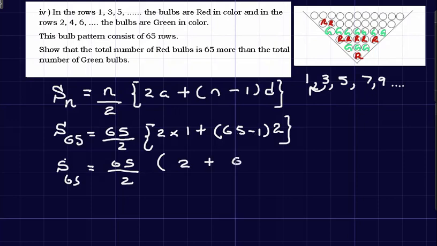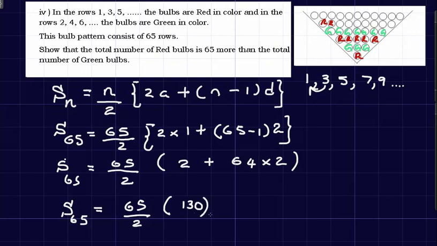That is 64 times 2. So S65 is equal to 65 over 2 within brackets, 64 times 2 is 128, plus 2 is 130.